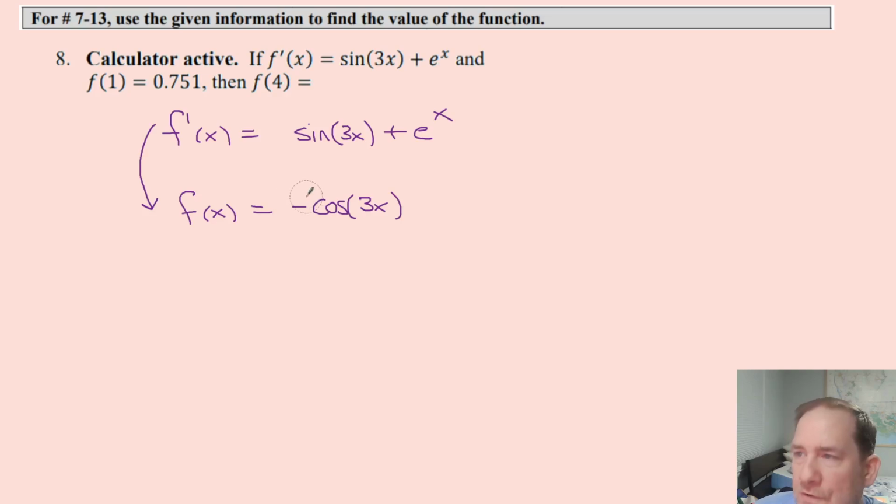So I need to incorporate a 1/3 here. So that when I differentiate, I've got a negative to cancel the negative that comes from differentiating, and a 1/3 to cancel the factor of 3 that pops out from the chain rule.